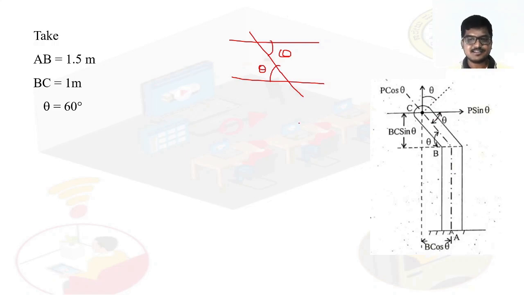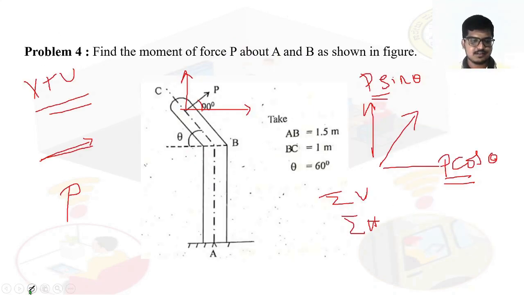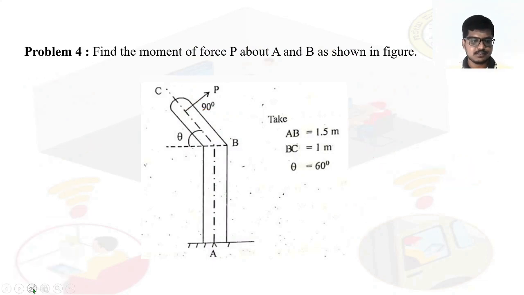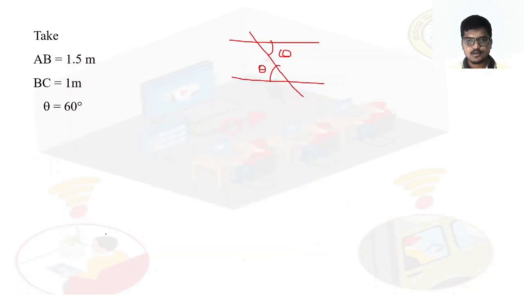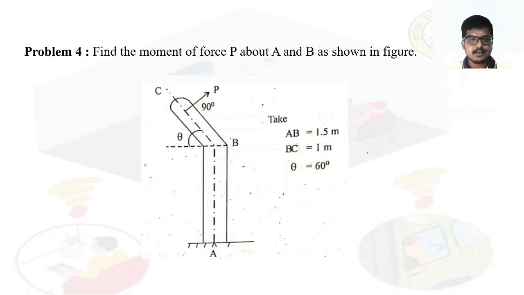Now we can ask why it is taken like this. See here, see this figure. Wait, I'll show you. They have considered P only here. So this is the force P. They consider an axis here, so this is B, and they consider the platform here.